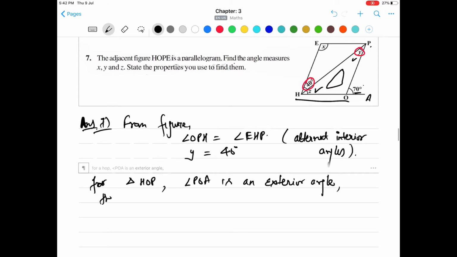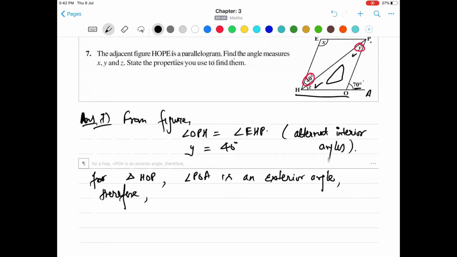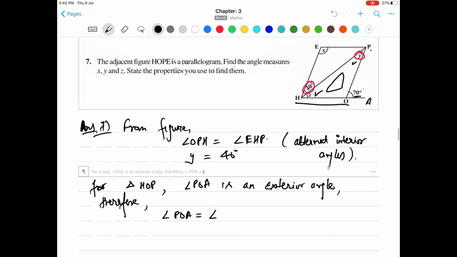Therefore angle POA will be equal to the sum of angle HPO plus angle OHP.